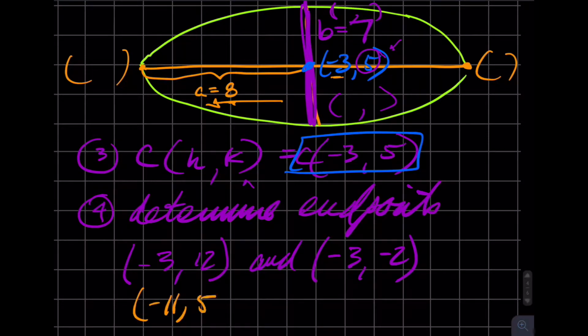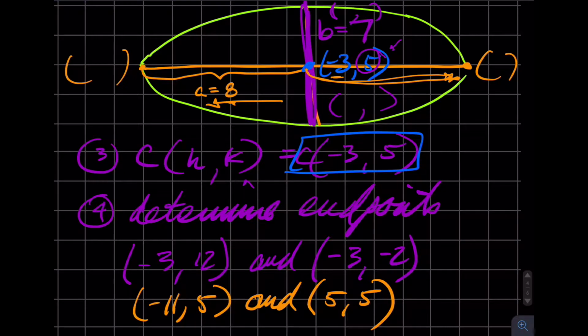My y value didn't change because they're on the same horizontal line. And the other one, I'm going to add 8 to -3 because I'm going in the positive x direction. So -3 plus 8 is going to be 5. The y value didn't change, so 5, 5.